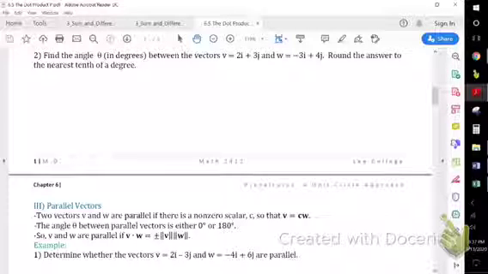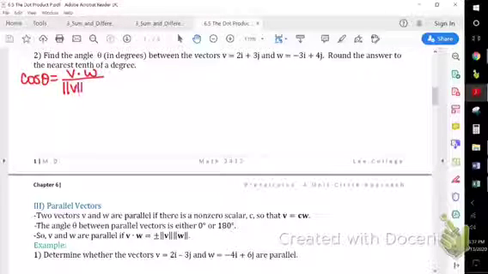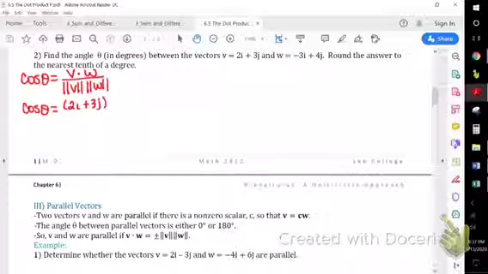So we're going to use the formula for cosine of theta. So we know that cosine of theta, and I'm going to write it out here, is equal to v dot w over the magnitude of vector v times the magnitude of vector w. Alright, so we know that vector v is 2i plus 3j, dot vector w is negative 3i plus 4j.